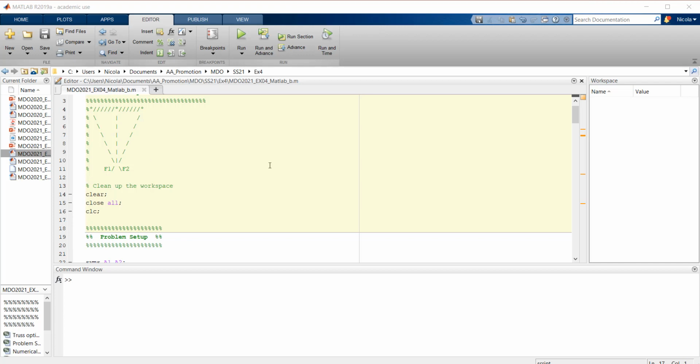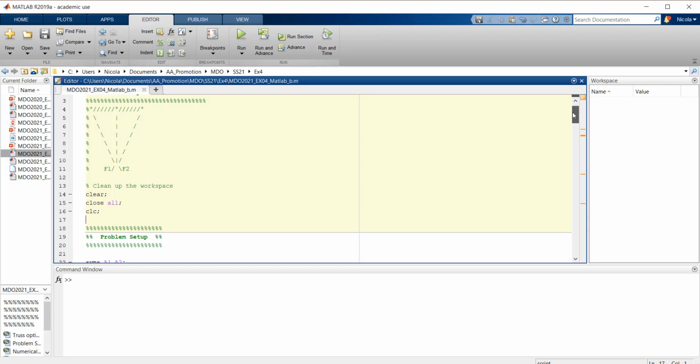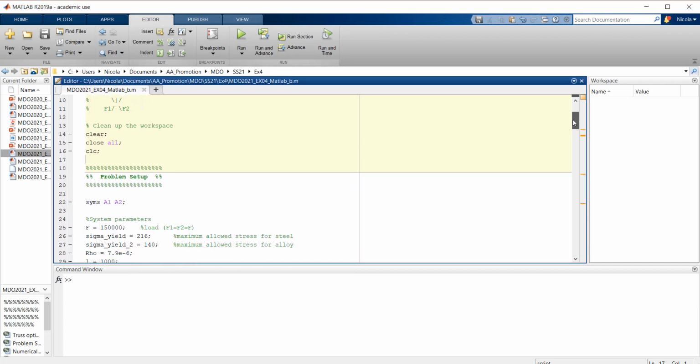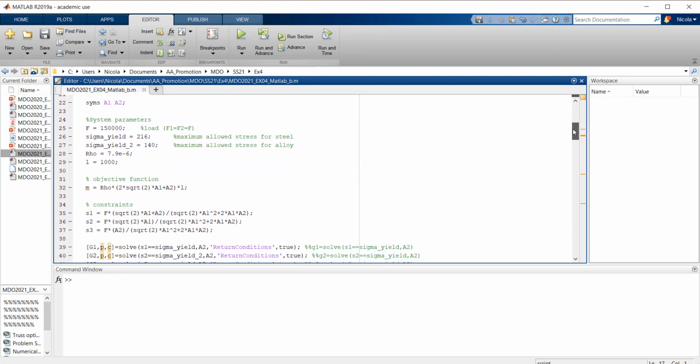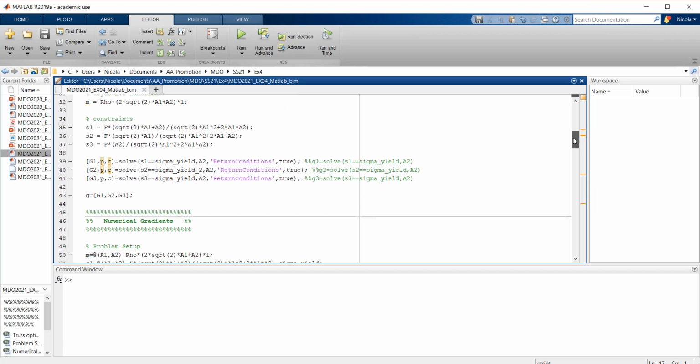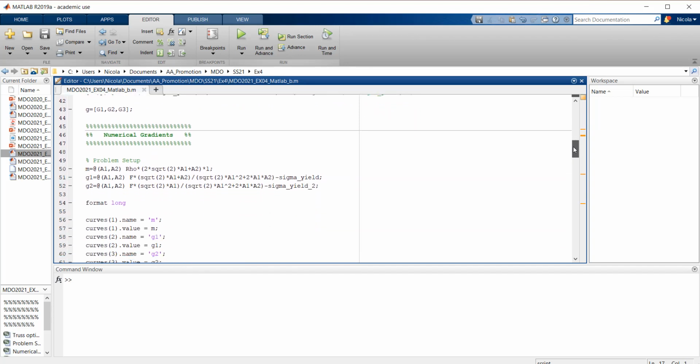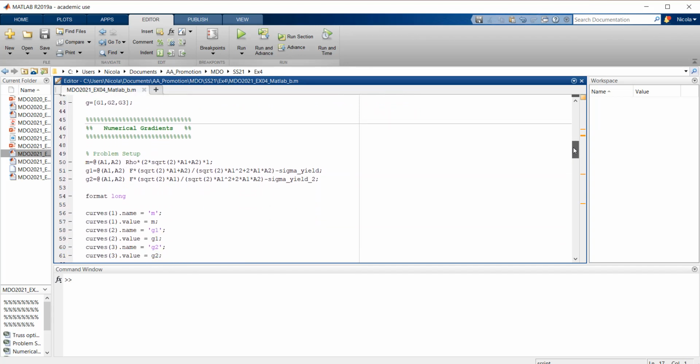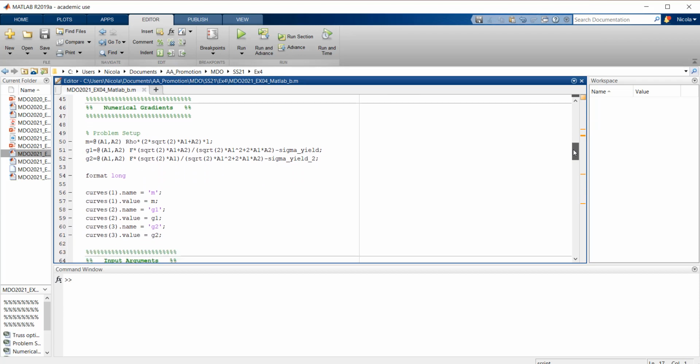Okay, so now we compute the numerical gradients using the Matlab script. First, there's some problem setup. The analytical functions are given again, just to illustrate later, to do the plots.